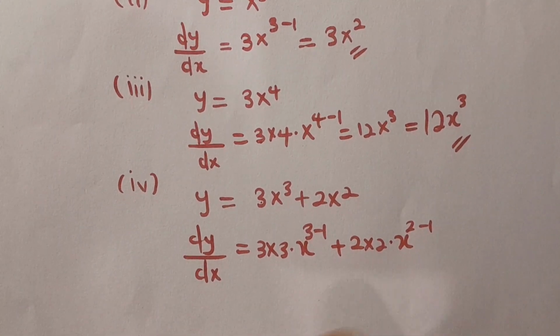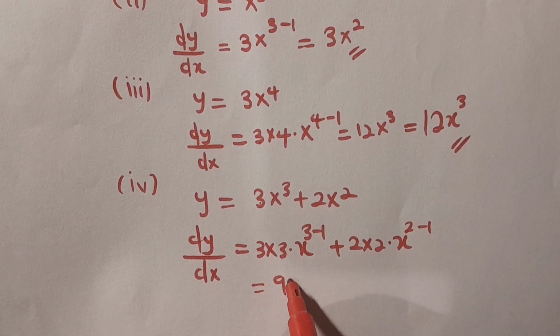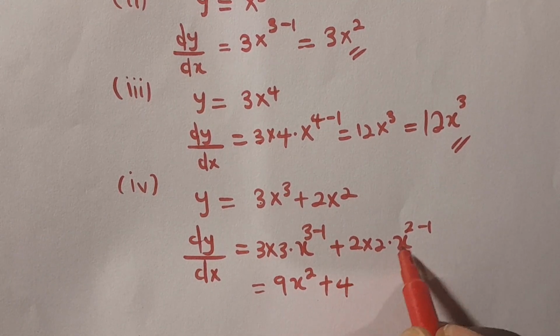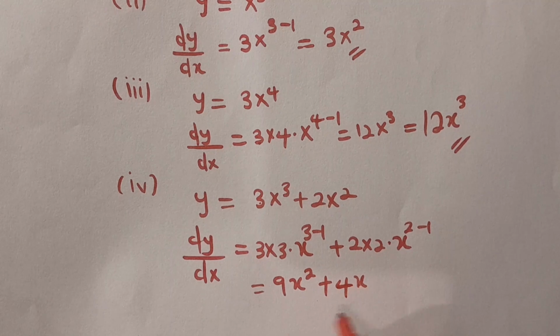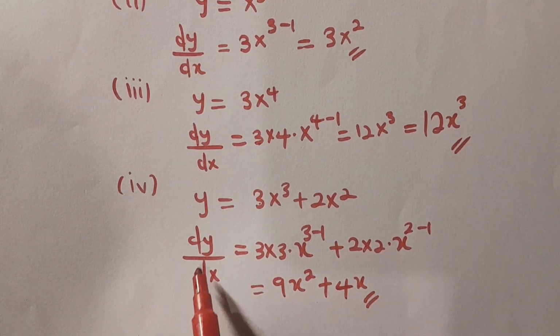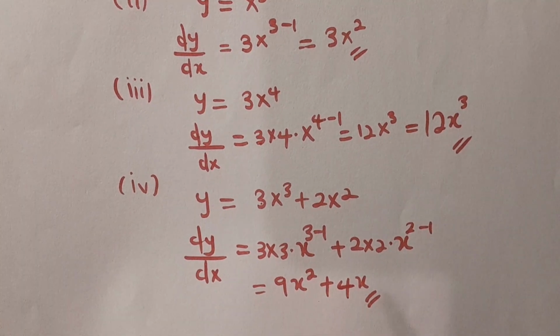So from here, 3 times 3 will be 9. Then this one will now be x raised to power 2 plus this multiplied by this will be 4. Then this one will now be x. So that means we have our dy over dx to be equals 9x squared plus 4x.